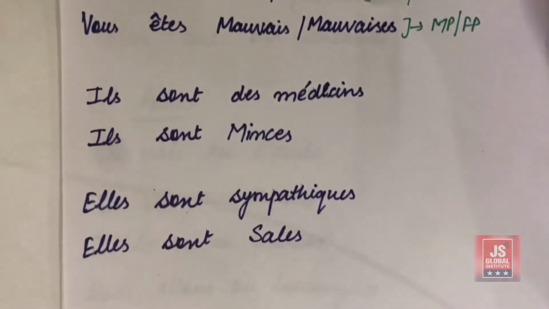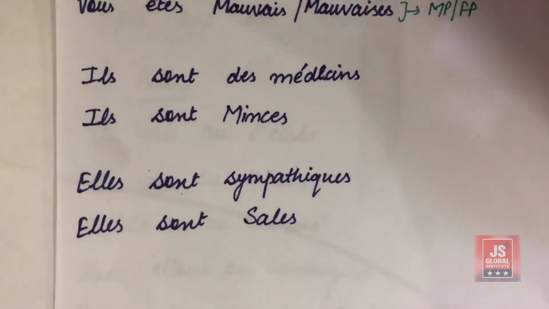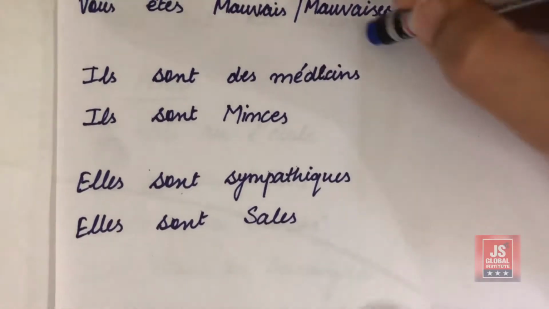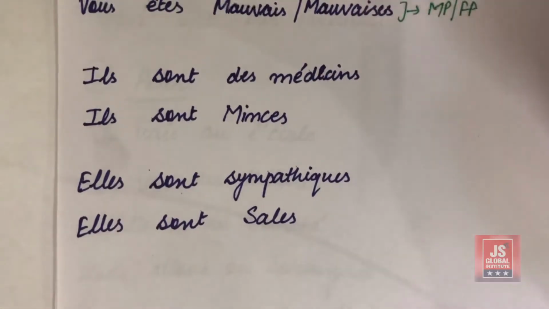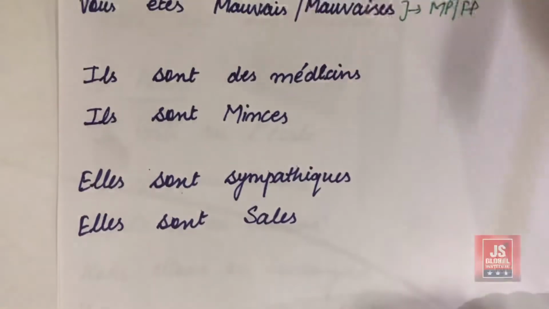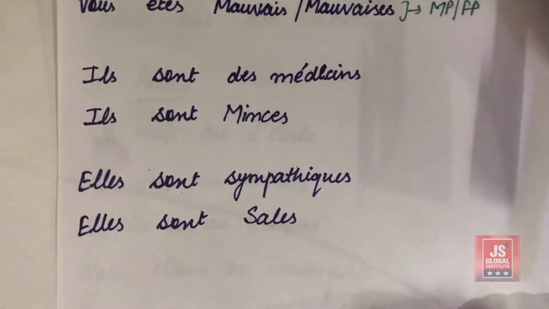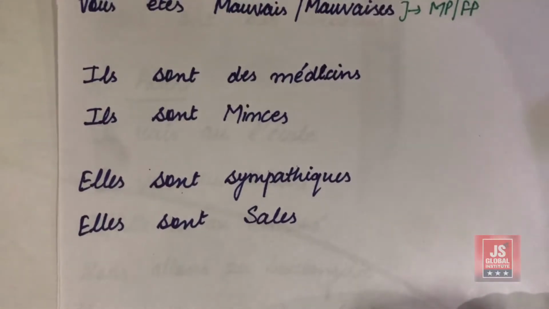Okay, and next is ils sont des médecins. For example, if I want to talk about masculine plural gender and I want to say they are doctors, so here I'm not considering myself, neither am I pointing at someone, I am just talking about one particular group, a collection of people.